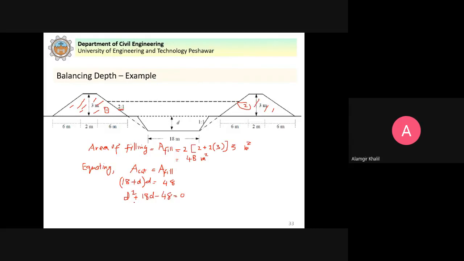So this is now a quadratic equation. It will have two roots.